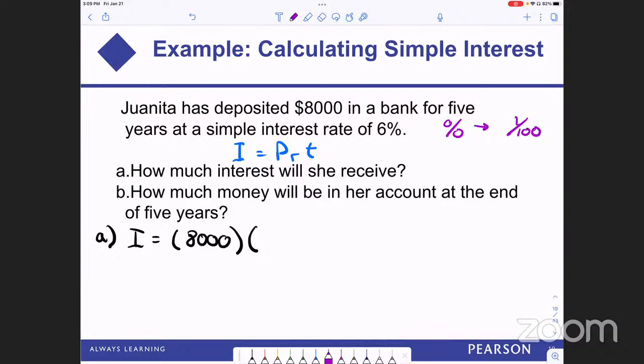So if it's 6%, it's going to be the same as 6 times 1 over 100, or in other words, 6 divided by 100. We move the decimal to the left twice. So if it's 6%, that's going to be 0.06 as a decimal. And it says 5 years, right? So then we just crunch those numbers.